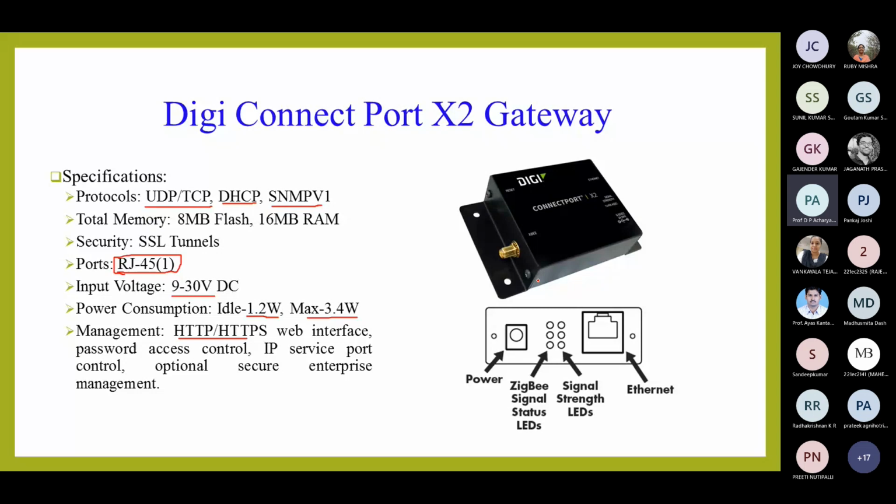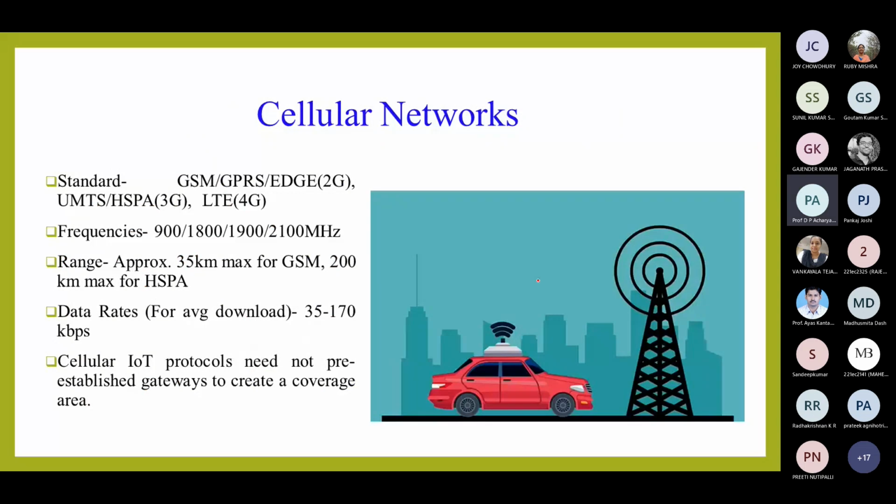And security is, of course, much better than in cellular communication systems. All of you are very much aware of the cellular networks, like GSM, GPRS, EDGE devices, UMTS, HSPA, 3G devices, then 4G. All of you are using these things or have used them.